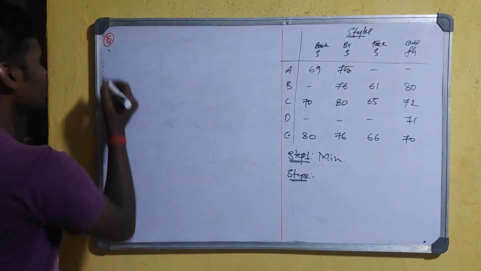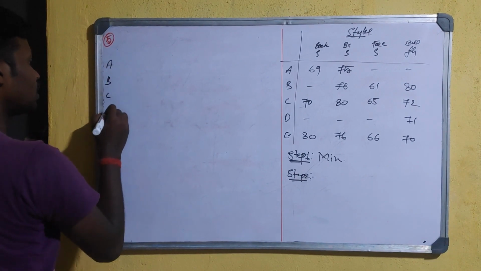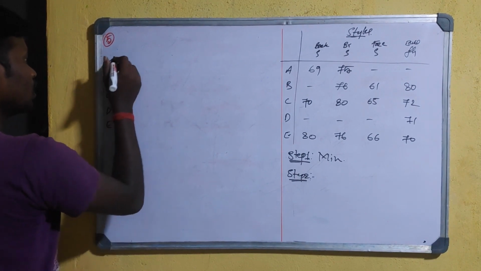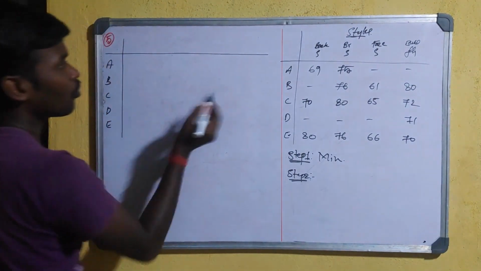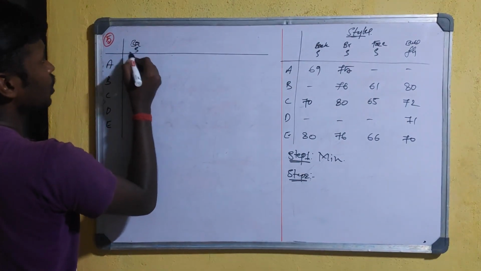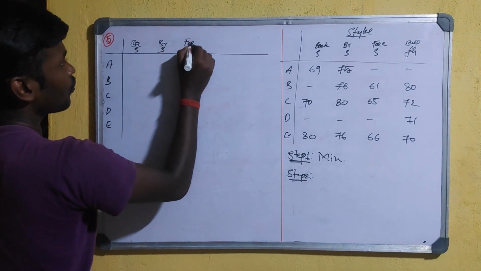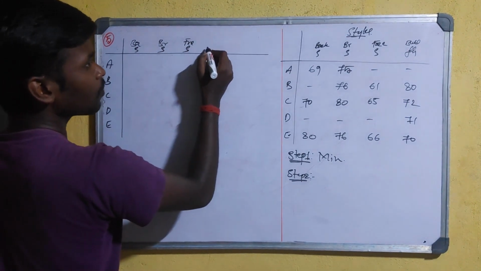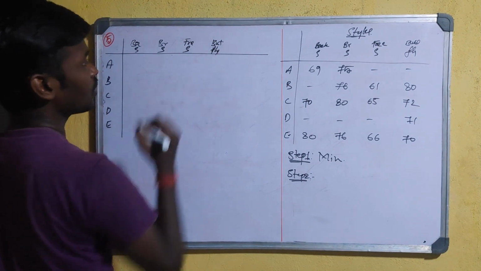Okay, see, in this case 5 swimmers are there, A, B, C, D, E. Okay, next 4 different swimming styles are there: backstroke, breaststroke, freestyle, and last one butterfly style.